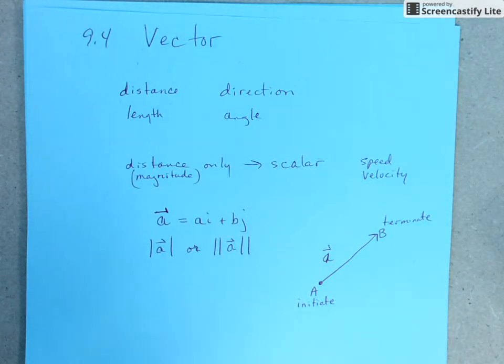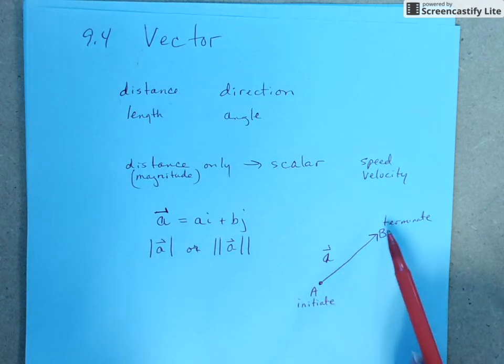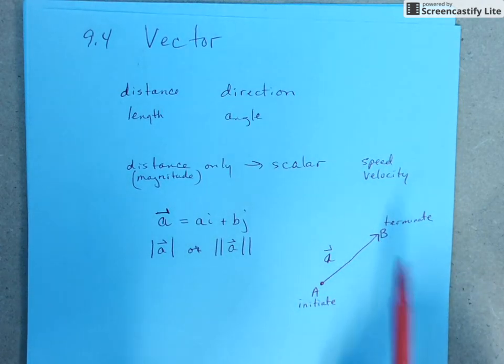Even though the distance is the same to get in the car in Austin and drive to Houston, the direction is different if you start in Houston and drive to Austin. So that's a different vector because vectors are not just distance, it's directed distance. So when you talk about vector A initiating at point A and terminating at point B, you're saying that's the direction you want to go to get there.